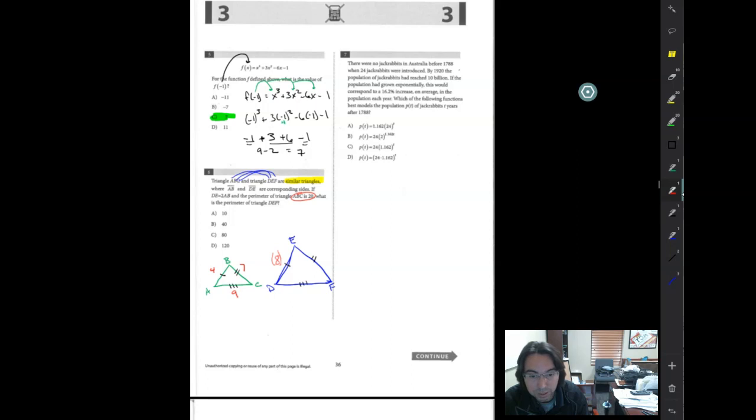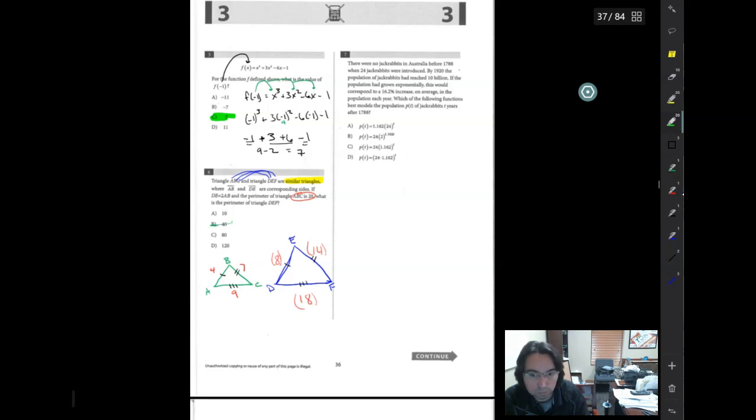So if DE is twice as big as AB, EF has to be 14, and then DF has to be 18. Adding up these values, 8 plus 14 is 22, and 22 plus 18 gives me 40. My answer choice on this one is B.